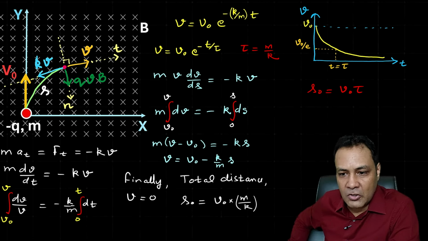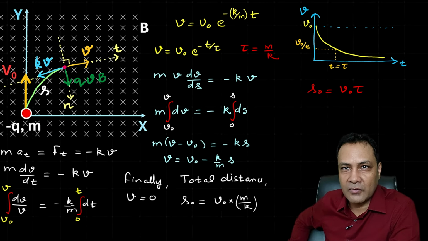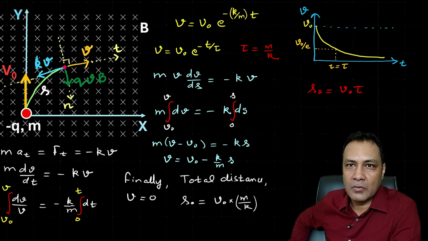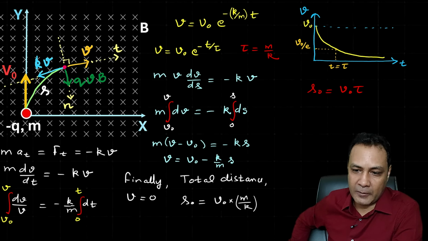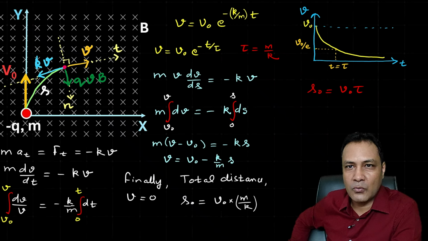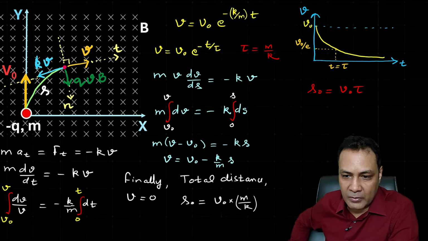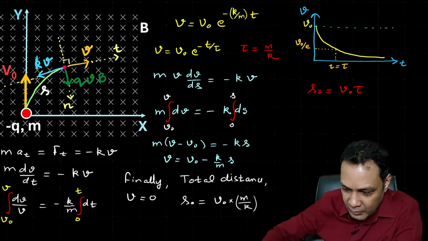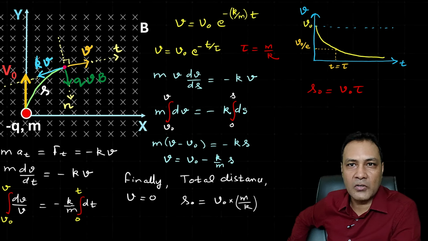So the interpretation of this mean time is that if the particle had moved with the speed v naught, the total distance would be the same as it would travel in the time tau, that is the mean time. A similar concept is also used in radioactivity. So overall we have got the expression for the coordinate where it stops.